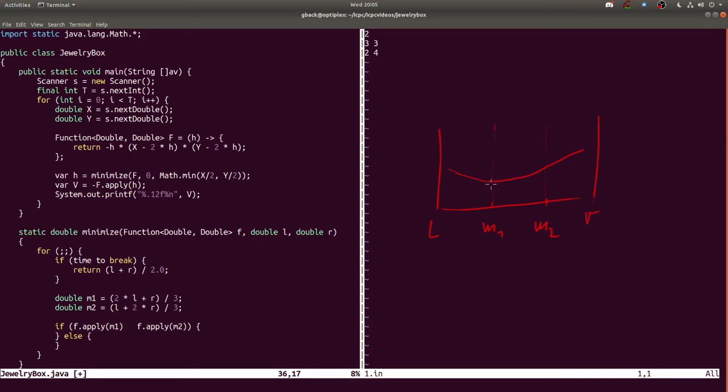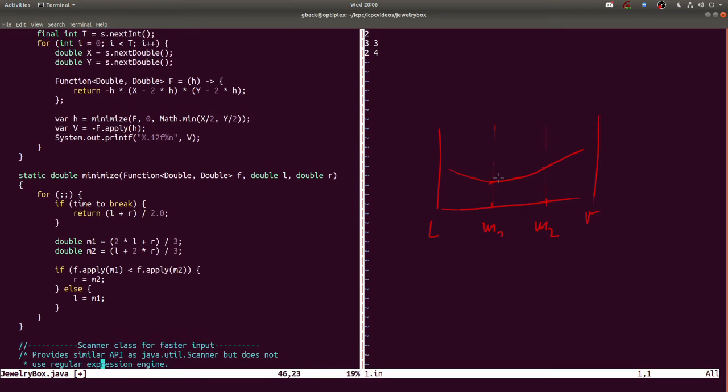Then this value here and this value there, so f of m1 would be less than f of m2, and in this case I need to cut out the third interval. So what that means is that the right boundary moves to m2. Otherwise, the left boundary moves to m1. Okay? And so here the interval will be smaller and smaller with each iteration.